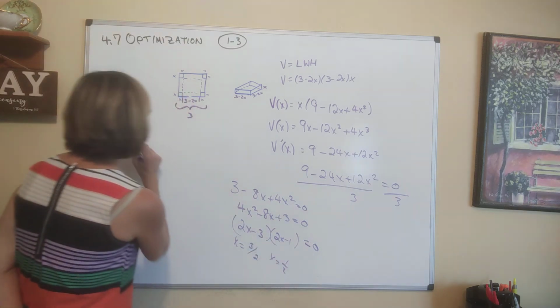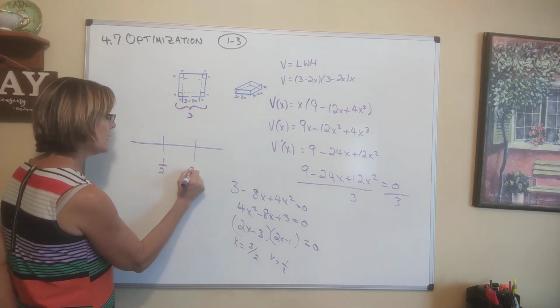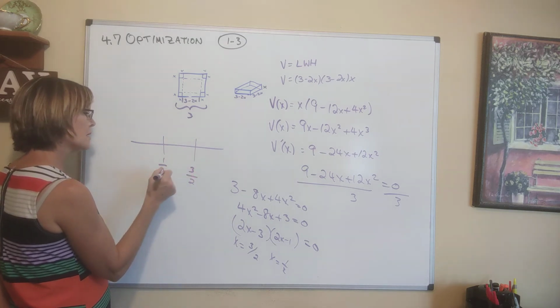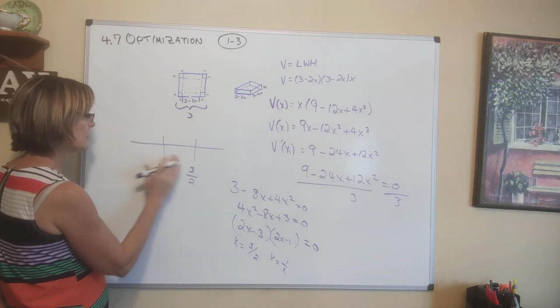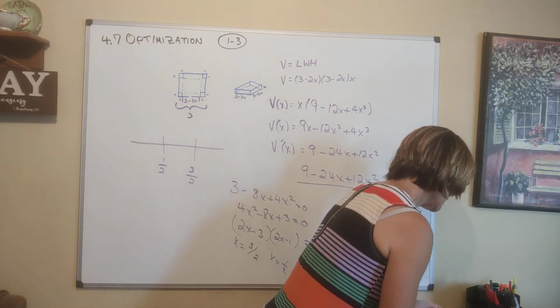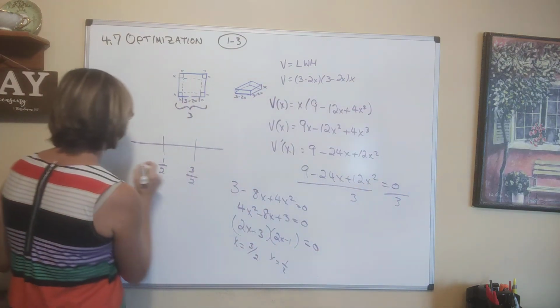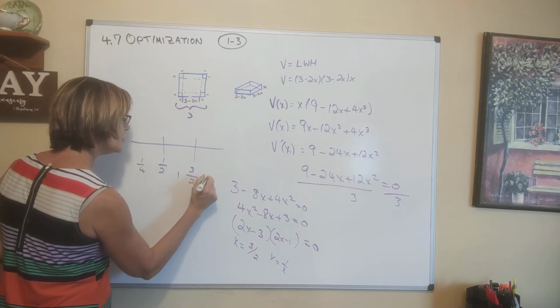And we need to run a little test and say, well, what's happening at these values? Here's 1/2 and here's 3/2. So I'll pick 1/4, and maybe I'll pick 1 for my test value in between there, and maybe 2 over there. So here are my test values: 1/4, 1, and 2.